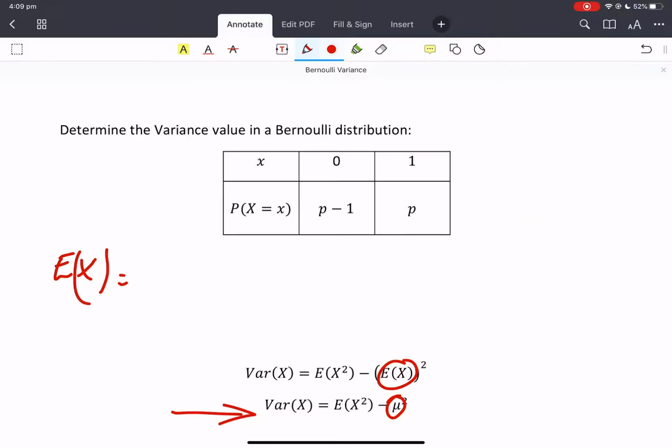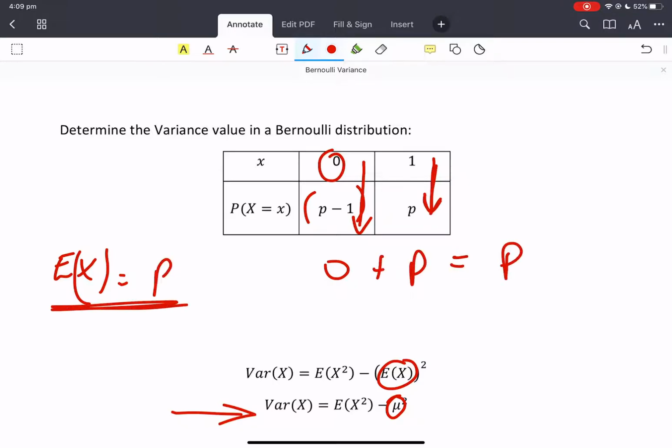In grade 11, we would call that q. So for our expected value, we multiply down: 0 times (1 minus p) and 1 times p, and then add across to get p. We did that last video.